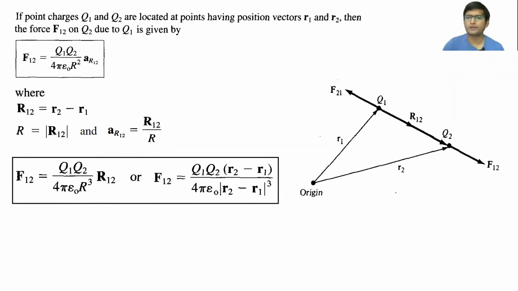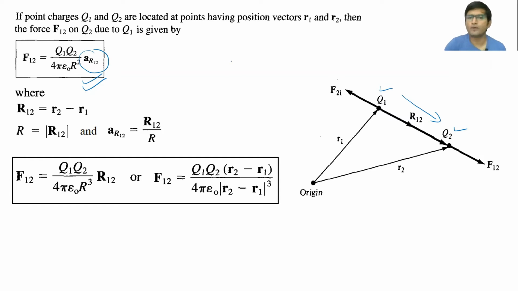Now see this figure. Here q2 is placed here and q1 is placed here. If you want to calculate the value of force experienced by charge q2 because of charge q1, it will be given by this formula. And this a_R12 is the unit vector along this line, represented by the vector R12.